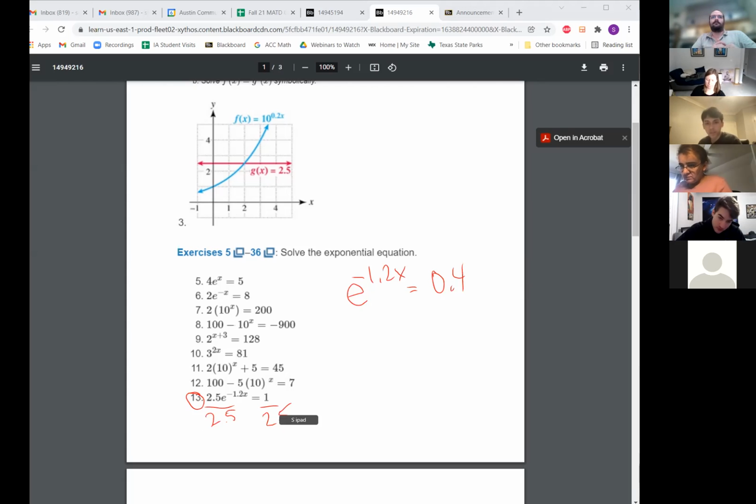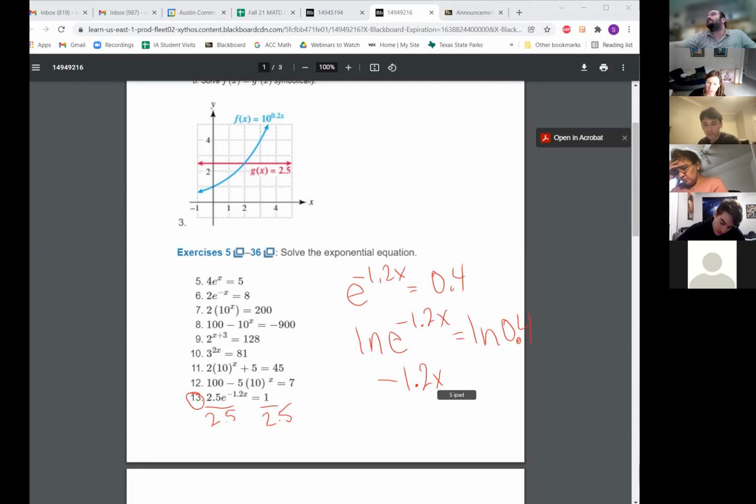So then I took the natural log, which is negative 1.2x equals ln of 0.4. And then I divided by negative 1.2 on both sides. Well, first you reduce the left side, right?